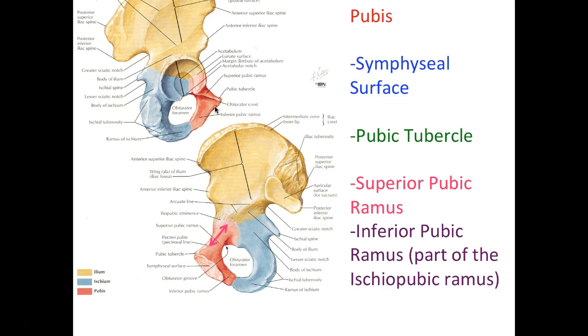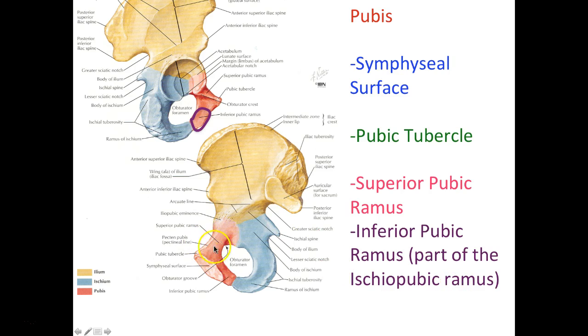All right, now for the rami. This pink portion here is known as your superior pubic ramus, and below that we have an inferior pubic ramus. So this would also be the inferior pubic ramus. Now our superior pubic ramus does not have any part in the ischiopubic ramus.